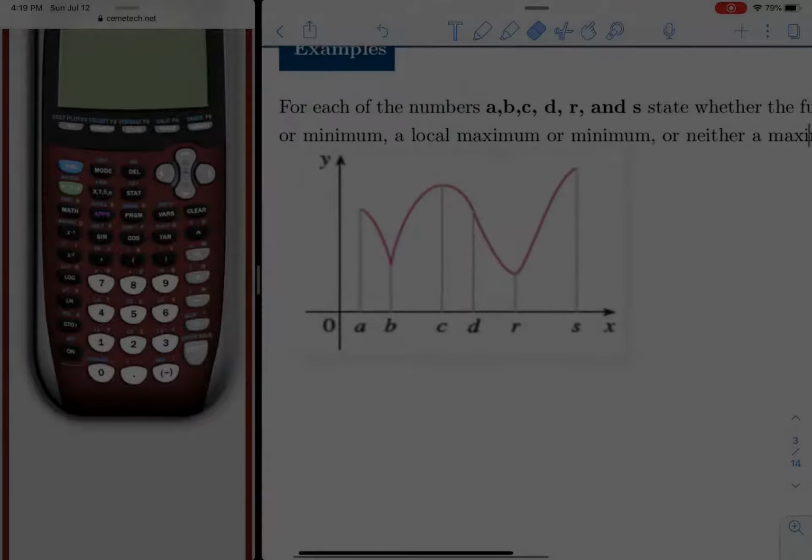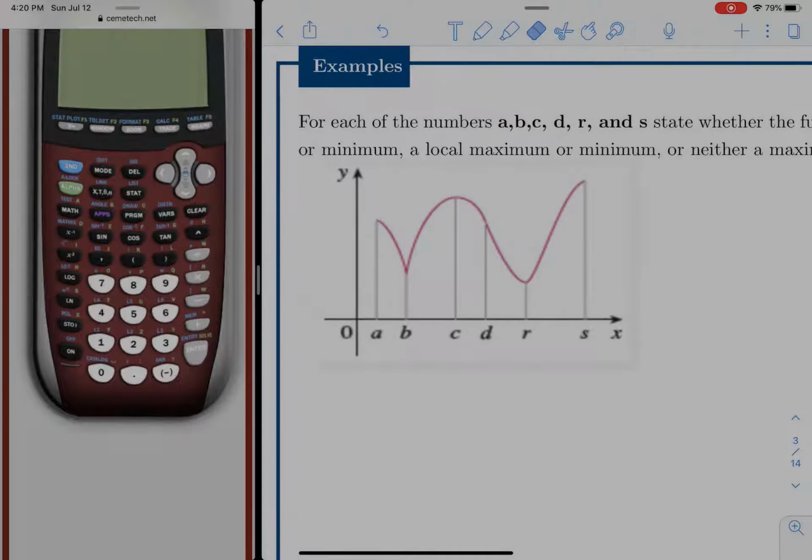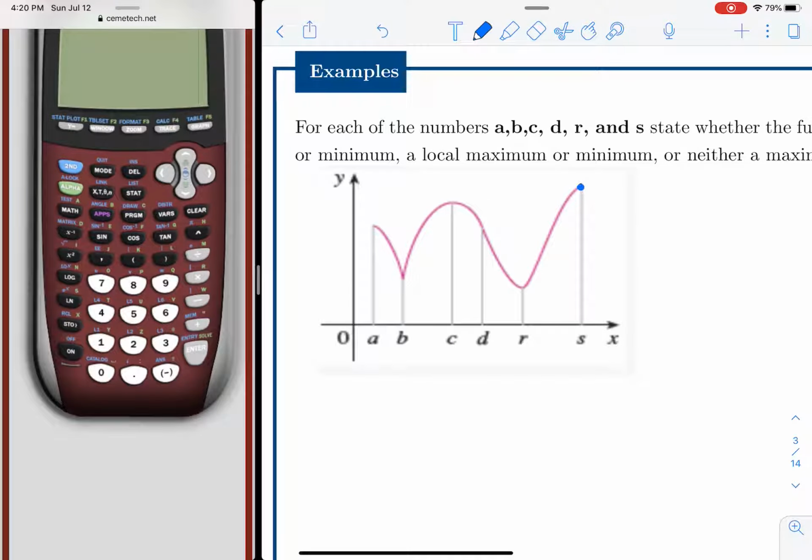So here is a simple function with a graph, and we have a set of points A, B, C, D, R, and S for x values, and we have to determine if they are maximums or minimums. So let's look at the largest possible value of this graph, and that value is right here. And the smallest value that we can get for the function is right there.